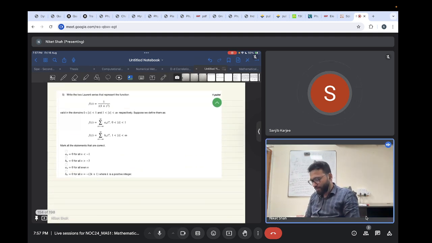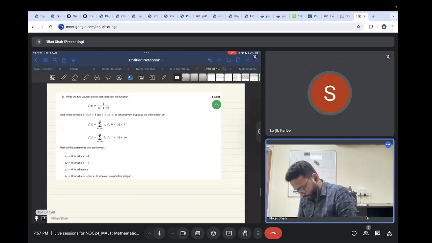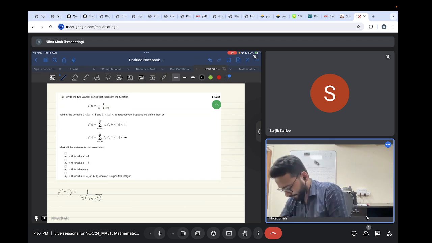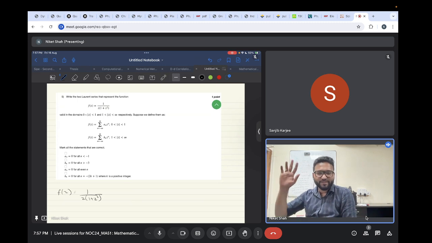So for that, what we'll do is, f of z is 1 by z into 1 plus z square. Generally, we try to avoid using the actual expression of the Laurent series because you have to evaluate that cyclic integral.